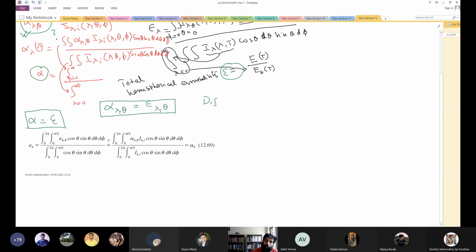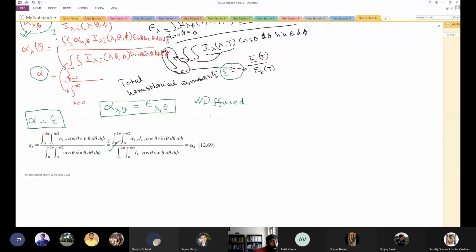So if the surface is diffuse, then this equality holds. There is something else also: the surface need not be entirely diffuse. For example, its emission may be a function of theta.